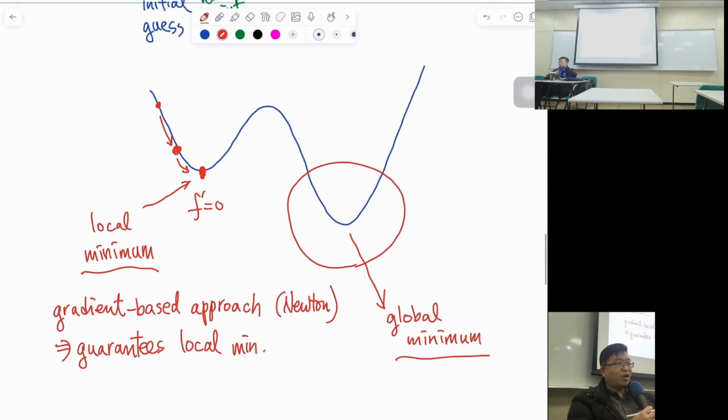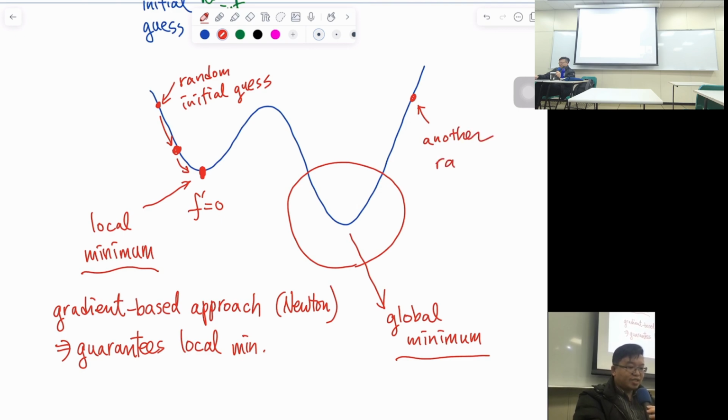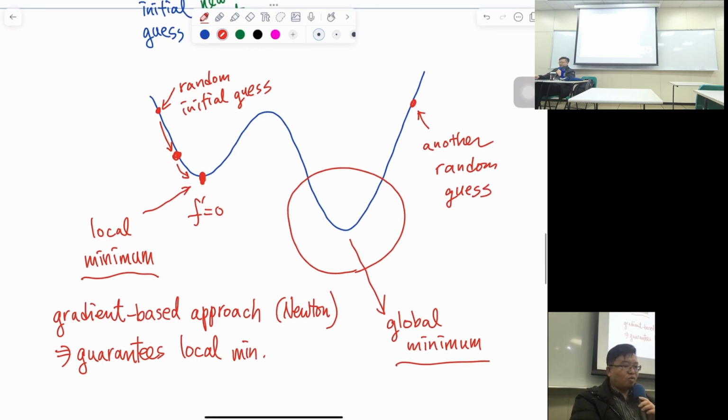For example, they will randomly start the gradient-based approach. So if they randomly start, this is a random initial guess. This could be another random guess, right? So starting from these two random guesses, the second one could give you the global minimum.